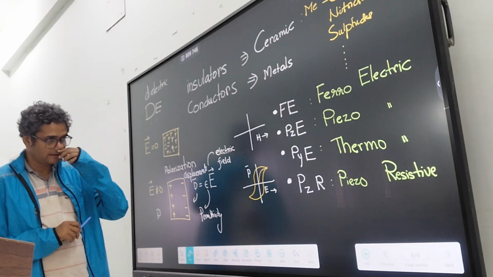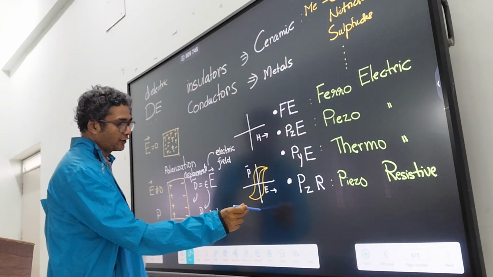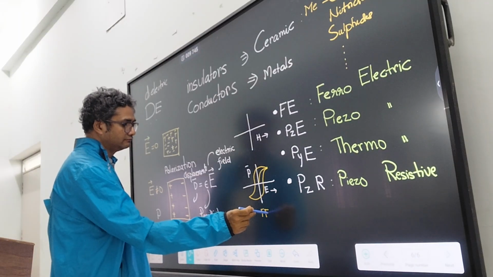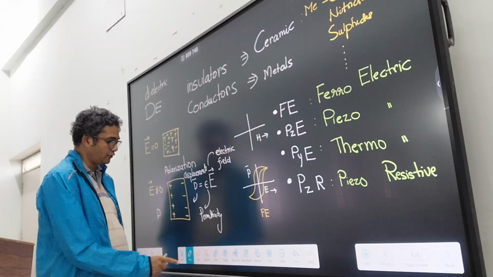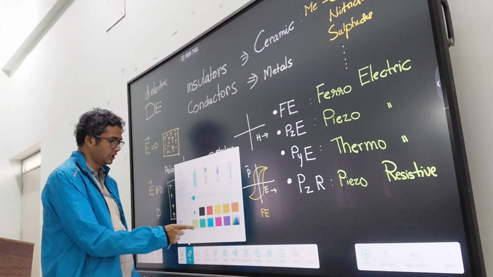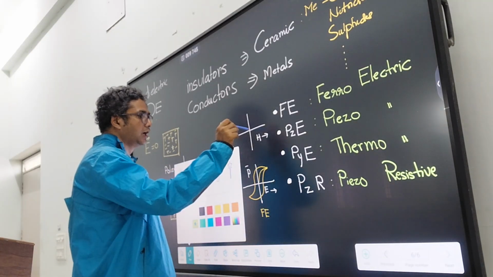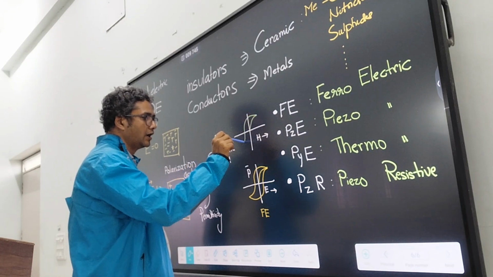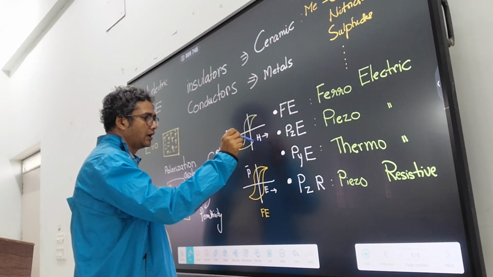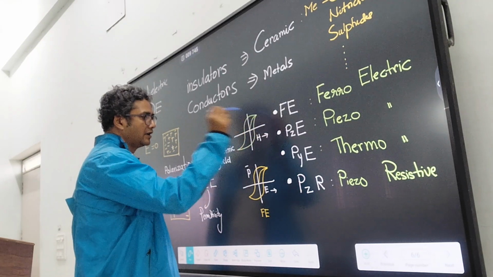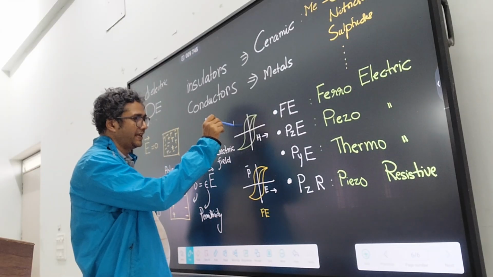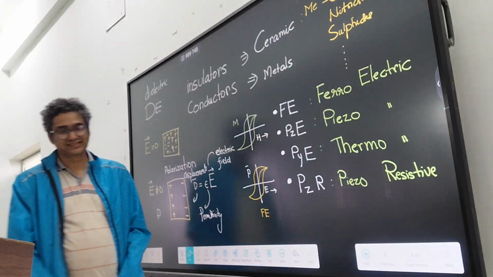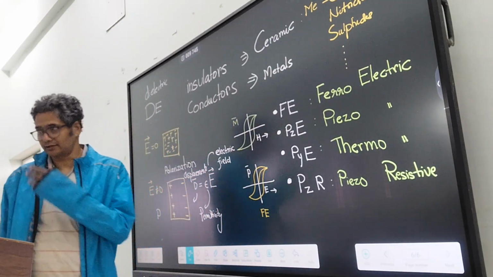And if it is a ferroelectric material, Fe; and if it is a ferromagnetic material, M. So P is polarization, M is magnetization.